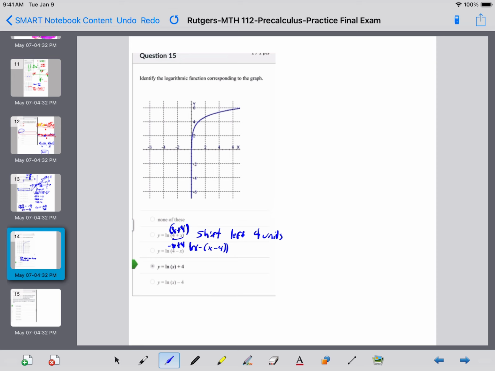It would reflect over the y-axis and then shift right 5 units and 4 units. This shifts up 4 units and this shifts down 4 units.